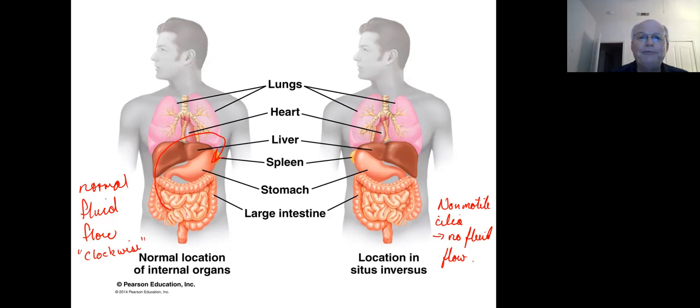And typically it's picked up fairly early when a doctor uses a stethoscope to try and hear the heartbeat. The normal routine is to put it on the left-hand side of the body cavity because that's where the heart is supposed to be located. Don't hear it, move it to the right-hand side and hear the heartbeat and realize that the individual has situs inversus. There are other features that are associated with Kartagener's as well, but this is one of the more curious ones as far as we're concerned in terms of body plan and patterns.